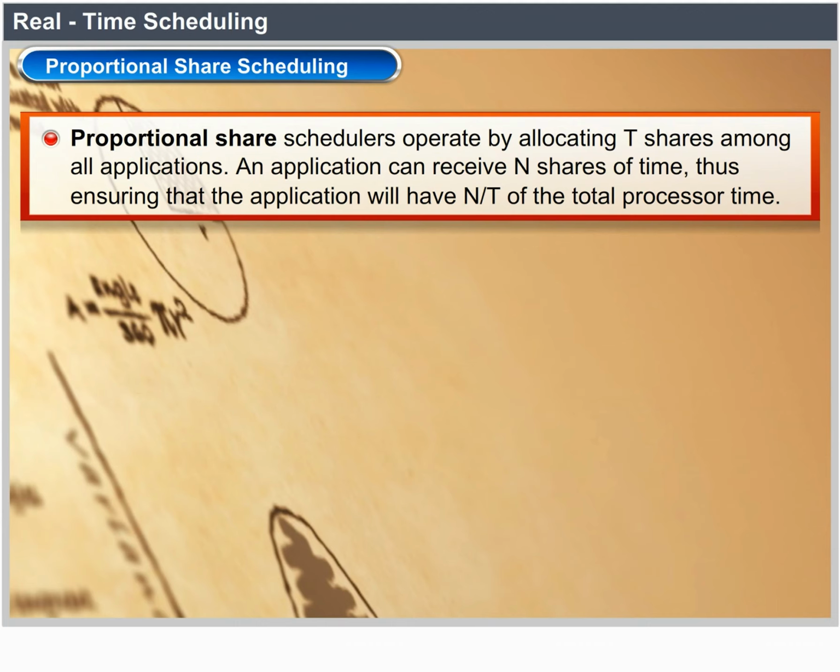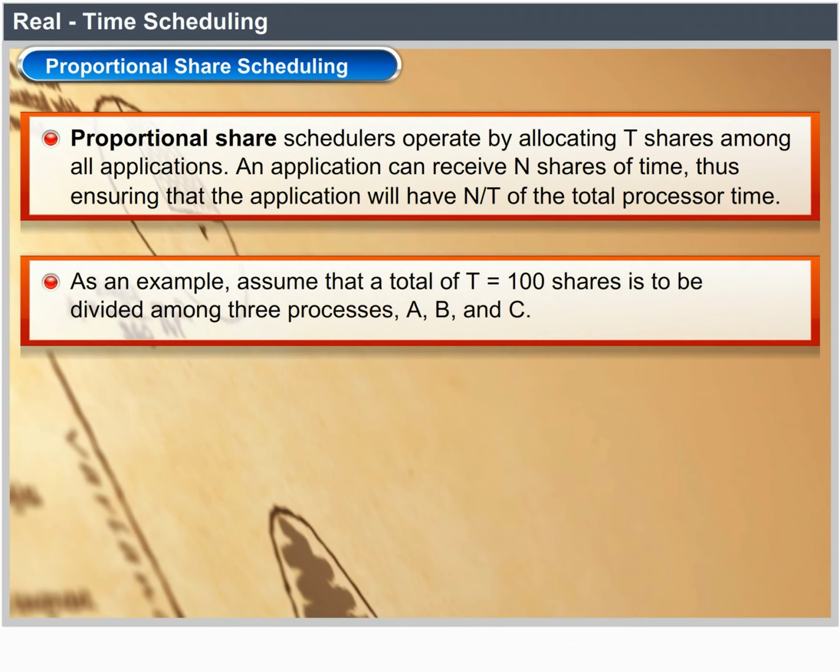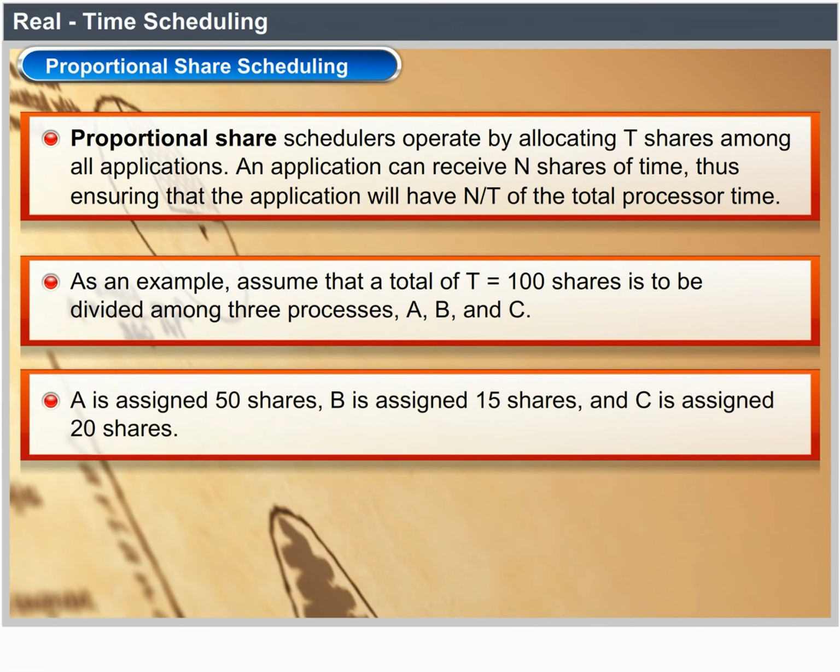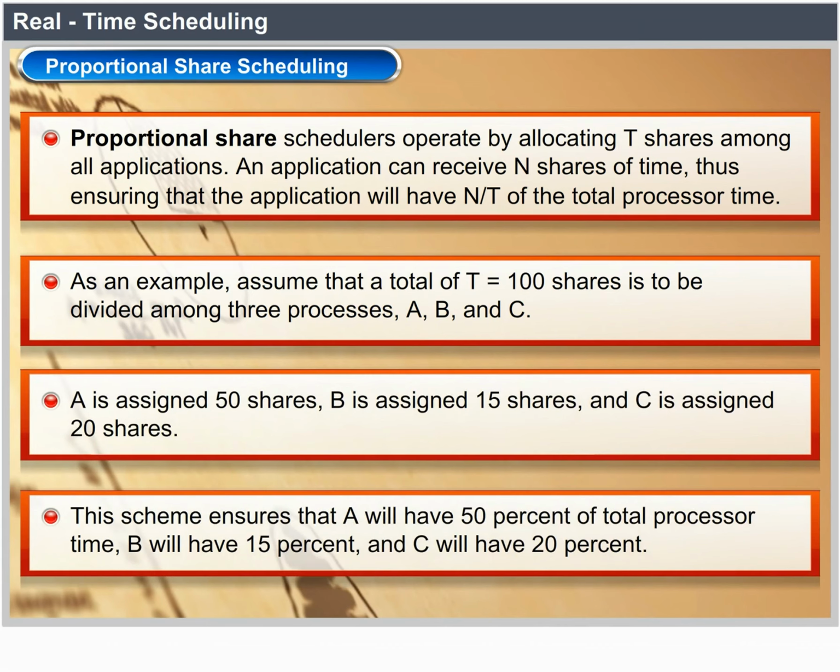As an example, assume that a total of T equaling 100 shares is to be divided among three processes A, B, and C. A is assigned 50 shares, B is assigned 15 shares, and C is assigned 20 shares. This scheme ensures that A will have 50% of total processor time, B will have 15%, and C will have 20%.